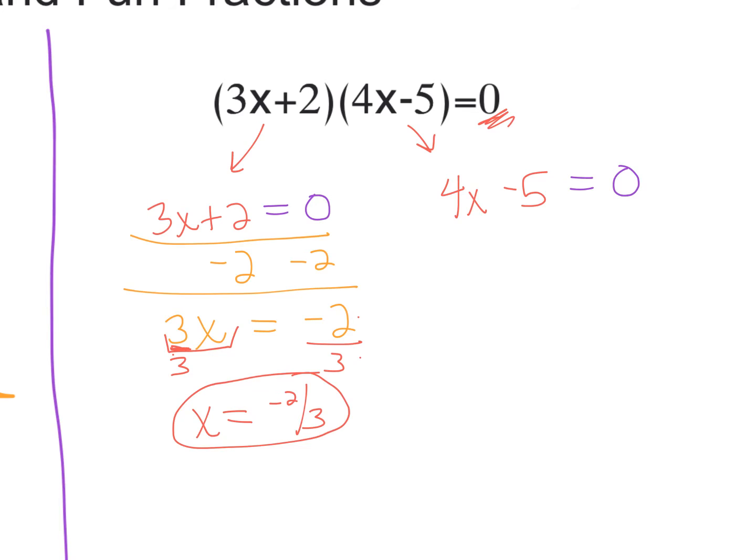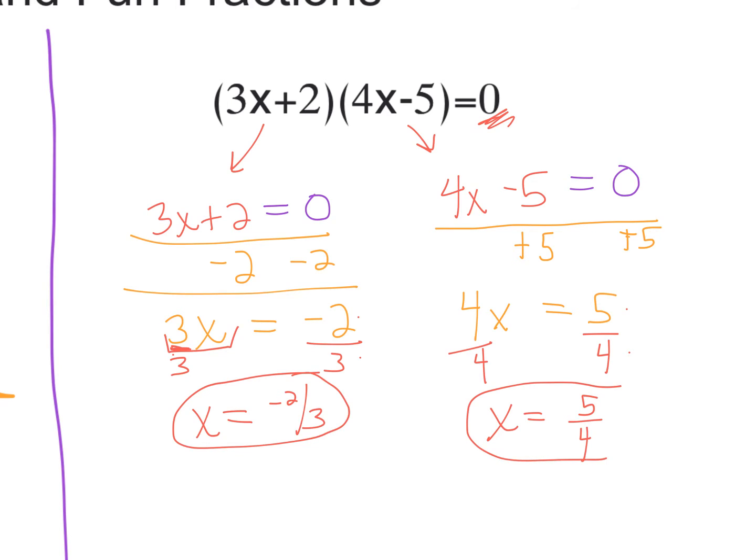Okay? Now, let's come over here. So again, I'm going to add 5 to start solving this thing. So 4x now equals 5. I'm going to divide both sides of the equation by 4. Therefore, x equals. Now again, I cannot reduce 5 over 4, so I'm going to write this as 5/4.